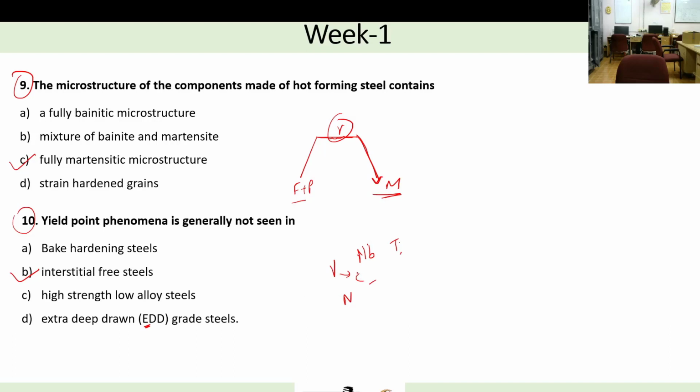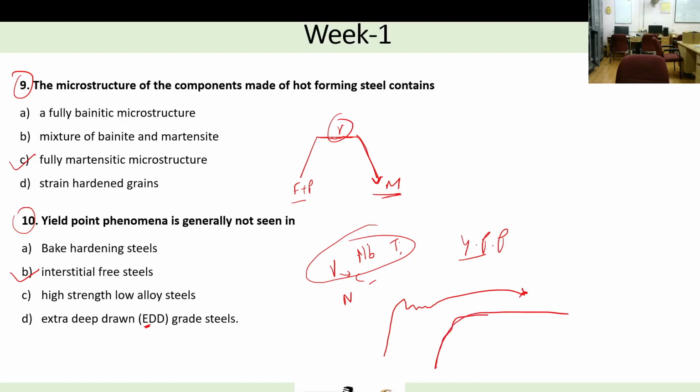At the same time, if you trap the carbon using these alloying elements, you can eliminate the yield point phenomenon. So without having this anomaly in the stress strain diagram, you can smoothly deform it. So extra deep drawn and interstitial free steel, both will not see the yield point phenomenon. Correct.